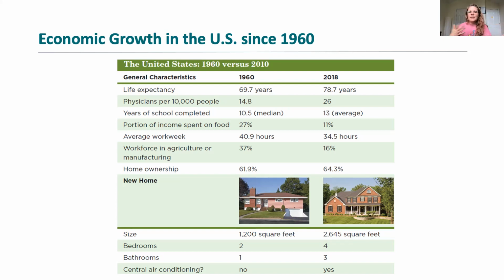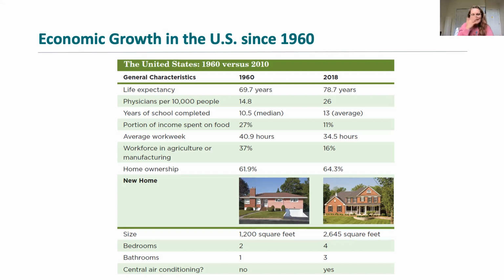While at the same time, the average work week, people are working fewer than 40 hours. We've moved a lot of people out of agriculture and manufacturing sectors into the service industries, and home ownership has grown by about 3%, while houses themselves, the homes that people are buying, have almost doubled in size, right?